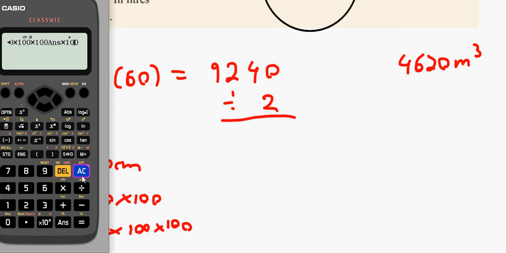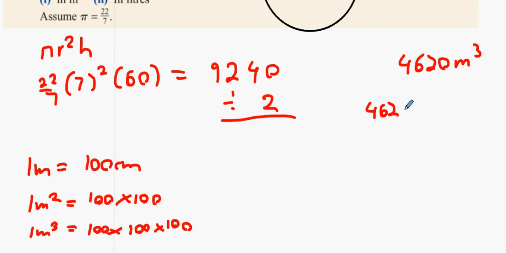4,620. Multiply by 100. Multiply by 100. Multiply by 100. And you get, how many zeros is that? 7 zeros. Much bigger number than 46 million. Alright. That's in centimeters cubed.